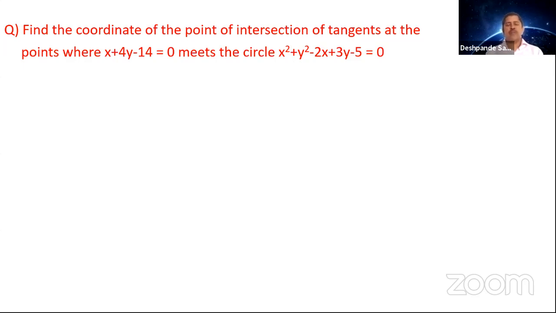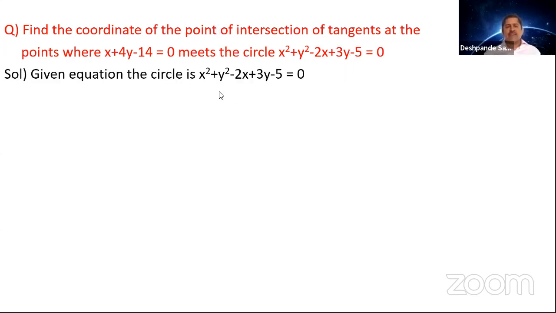In the previous problem, the condition was given that the angle made is alpha. Now you are not putting any condition that the angle made is alpha. You are going to find the place where the two tangents are intersecting. So that point of intersection you are finding.